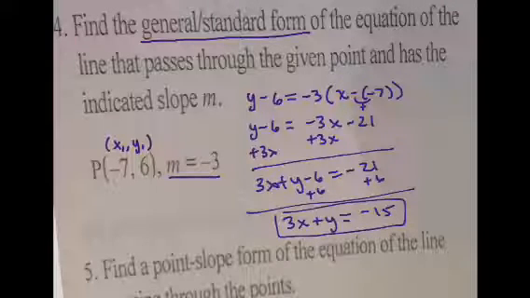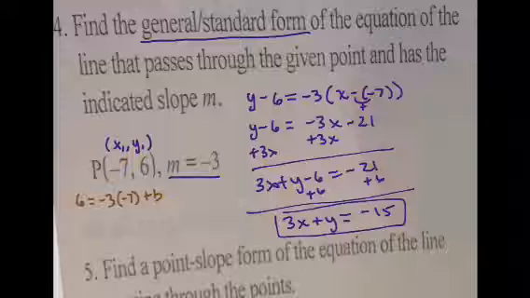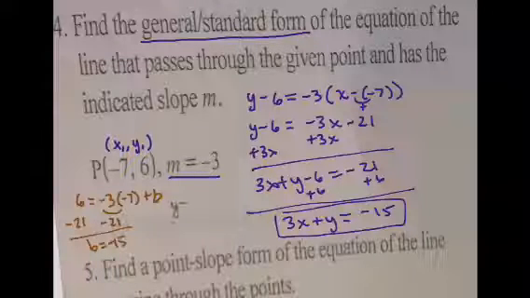The other way is to plug it into slope-intercept form. So that would be y equals m times x plus b, and then that's going to give you the b value, so negative 21, sorry, positive 21, and then you would subtract 21, because this here is 21, and you get b equals negative 15, so then you would just write y equals negative 3x minus 15.